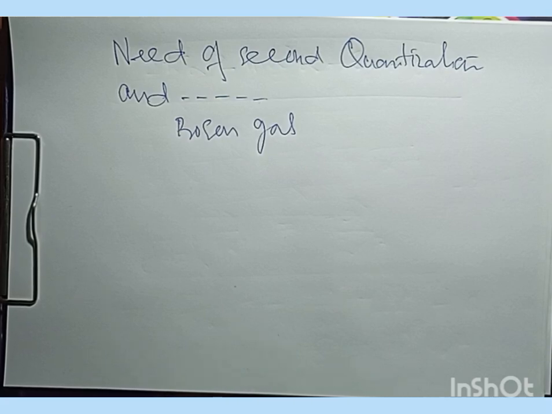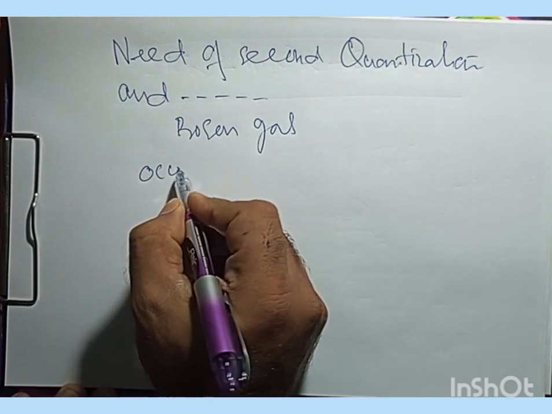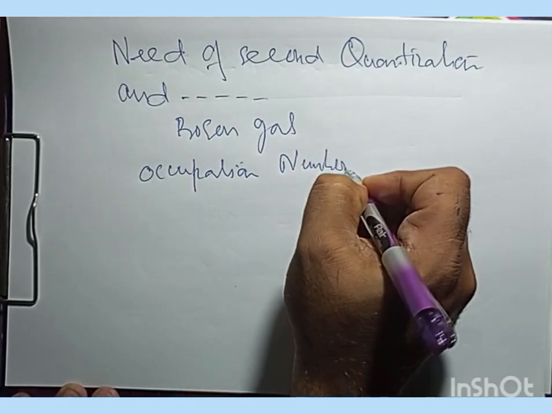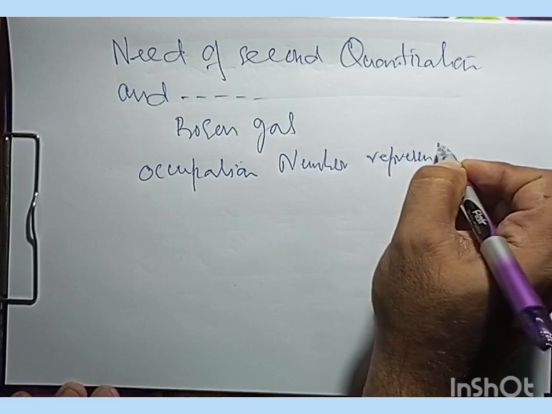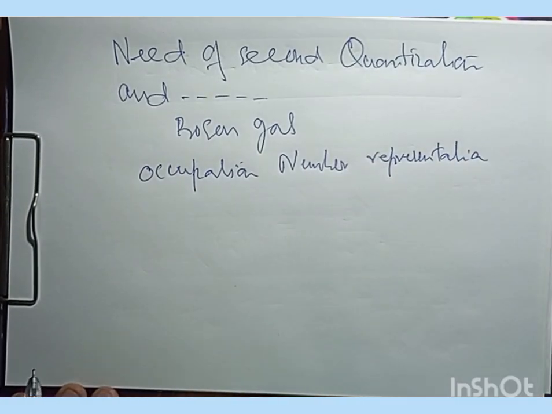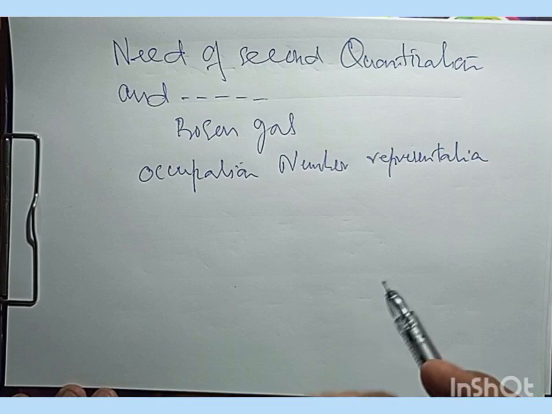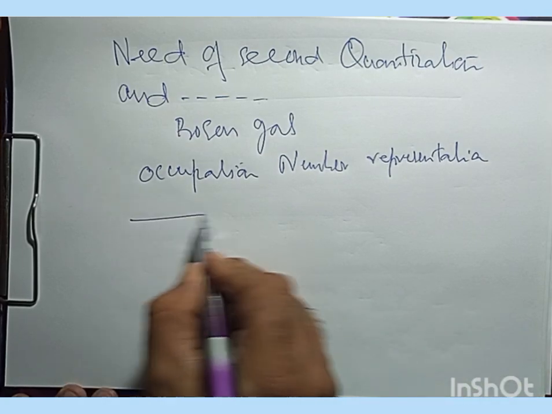Now, talking about Bose statistics, in Bose statistics the states are described by the occupation number representation. Instead of tracking each individual particle, we count how many particles occupy each available quantum state.